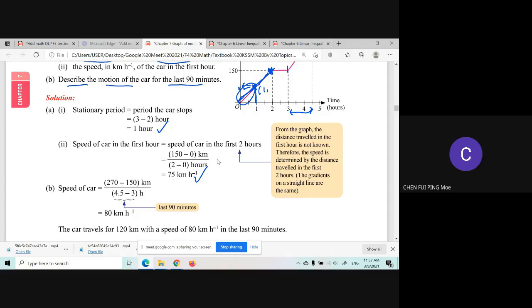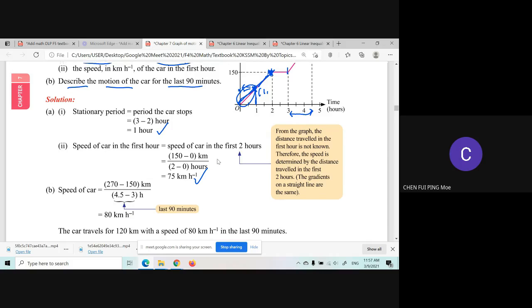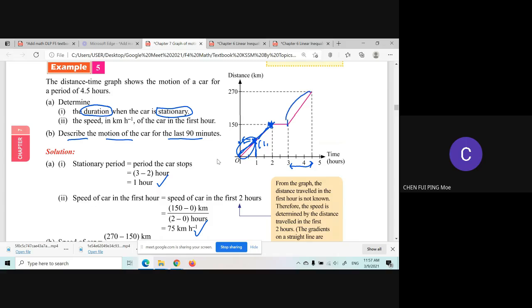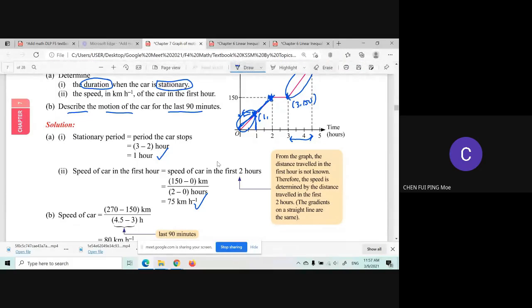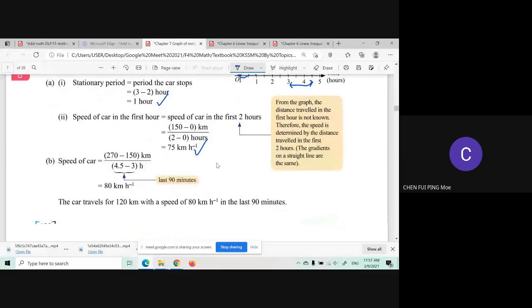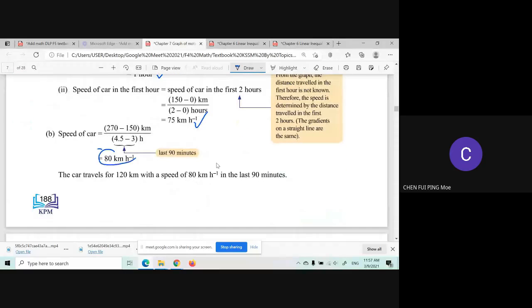So we need to describe the motion. How to describe the motion? You can calculate the speed of this straight line. This point is 4.5, 270, and this point is 3, 150. So calculate the speed: 270 minus 150 over 4.5 minus 3, getting a speed of 80 km per hour.